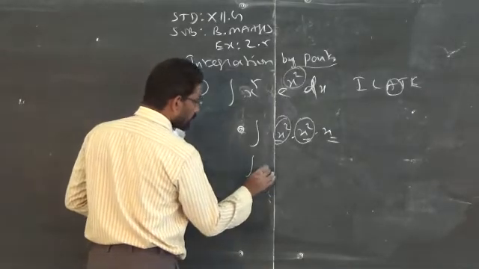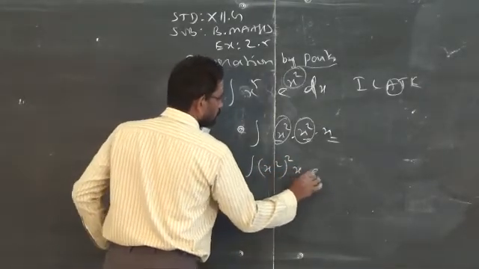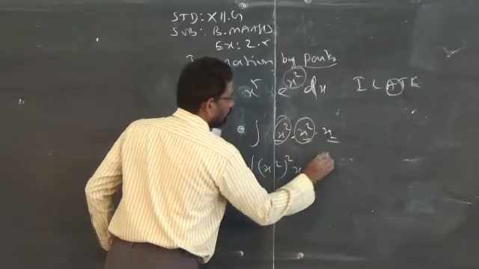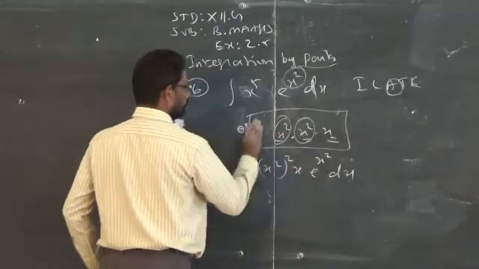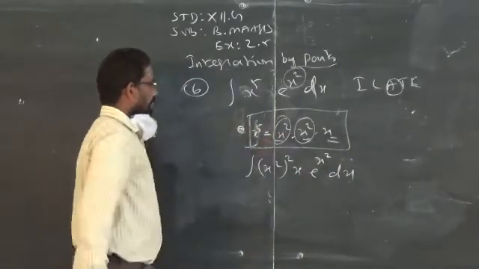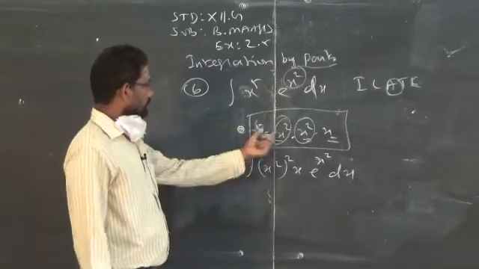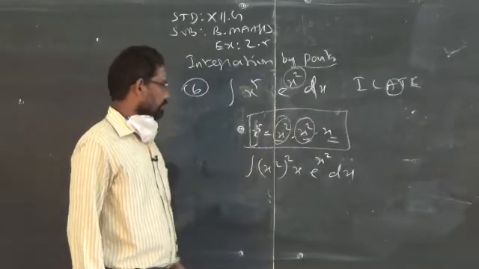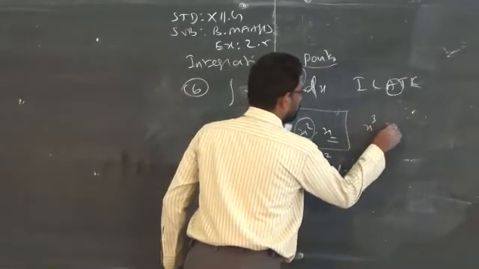So I can rewrite this as x square the whole square times x into e power x square into dx. Clear? This x power 5 I can express as x square into x square into x. You may question me, sir, why don't you write x power 3 into x square?